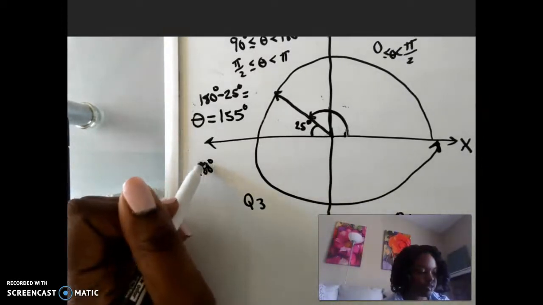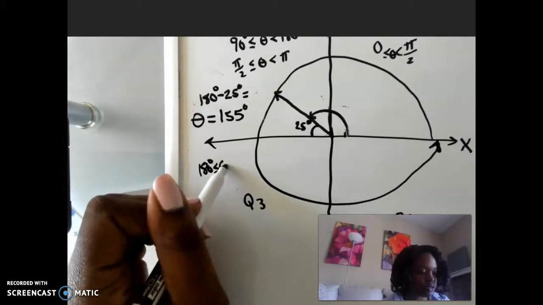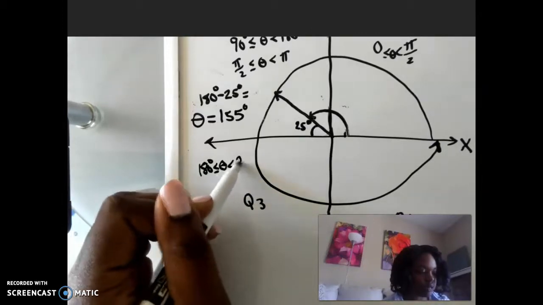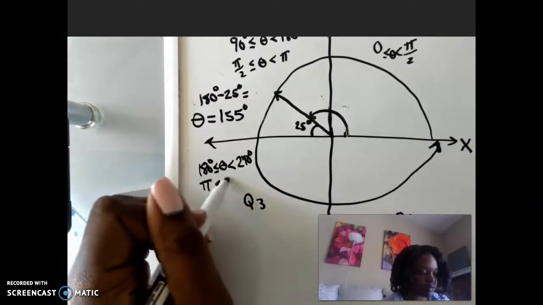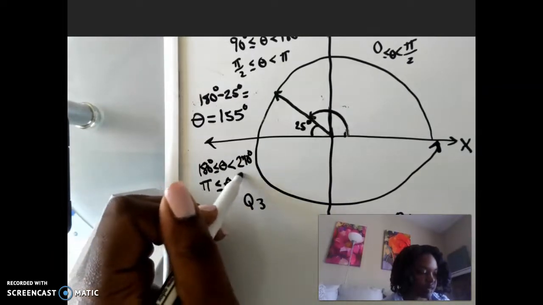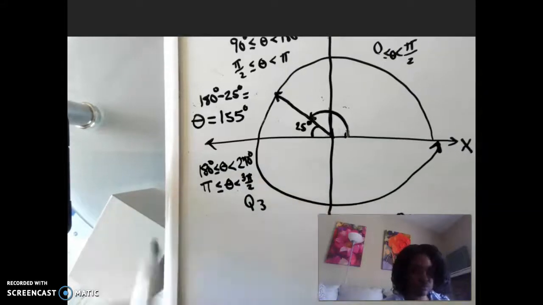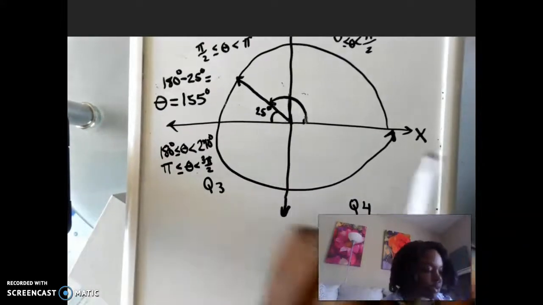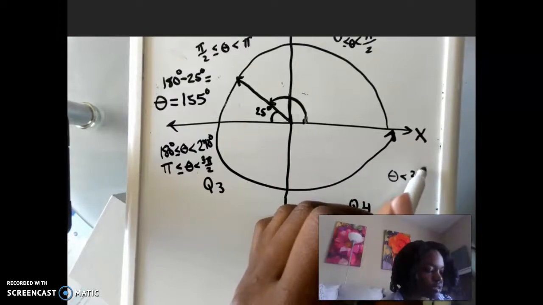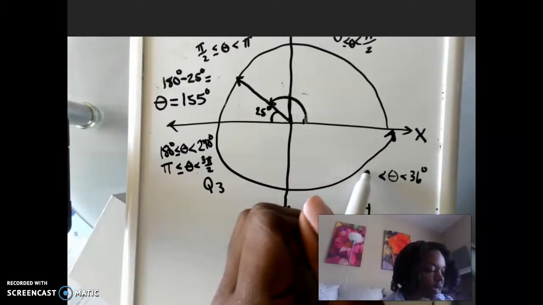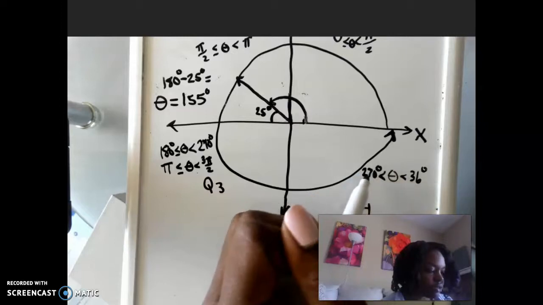Just to finish this off, in this third quadrant here, it's between 180 degrees and 270 degrees, or pi and 3 pi over 2. And then in the fourth quadrant, the theta is between 270 degrees and 360 degrees.